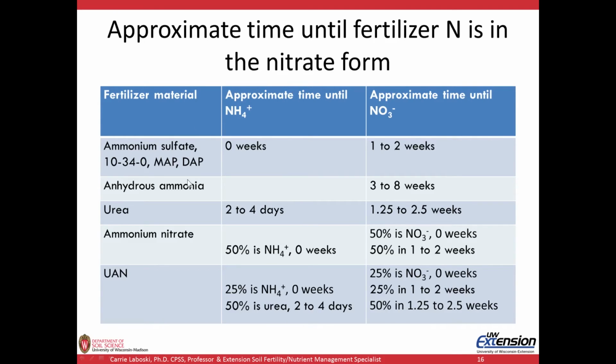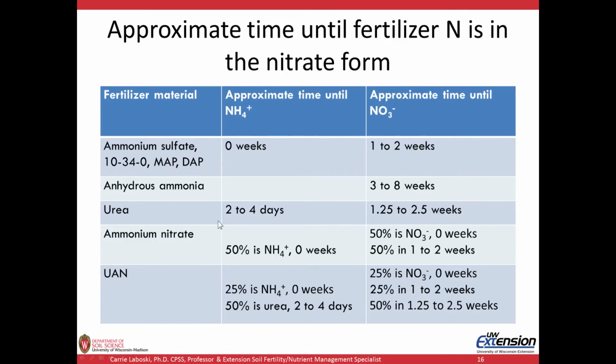Here I just want to show the fertilizer material, okay, if we look at ammonium sulfate, and that's all ammonium form of N. So if we look at the time it takes to become ammonium, well, it doesn't take any time, it's already there. But it'll take about 1 to 2 weeks for that nitrification process to occur, so you have nitrogen in the nitrate form. Anhydrous ammonia, we can usually think of nitrate being available 3 to 8 weeks after application.